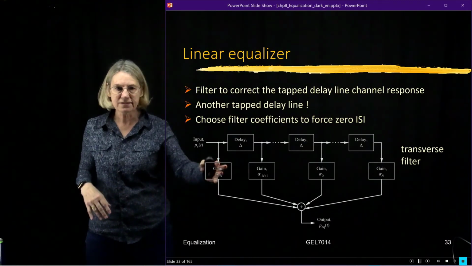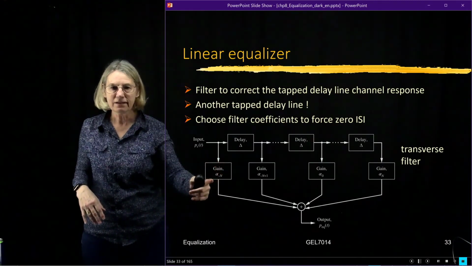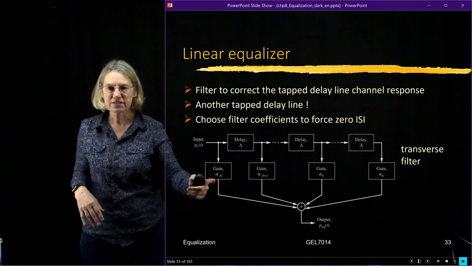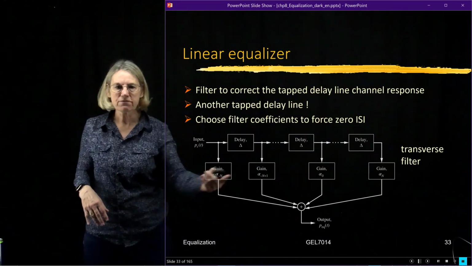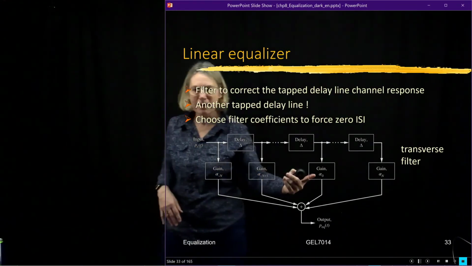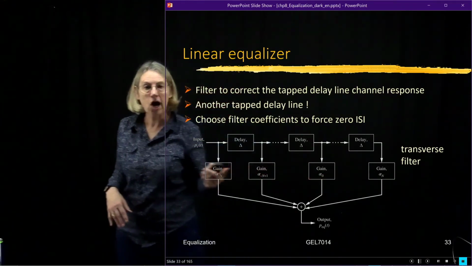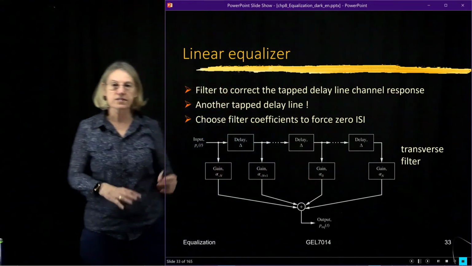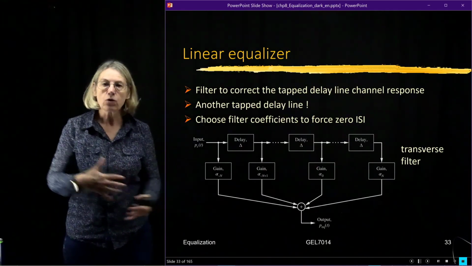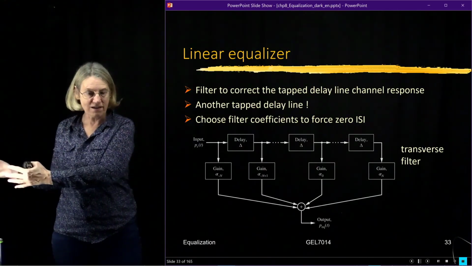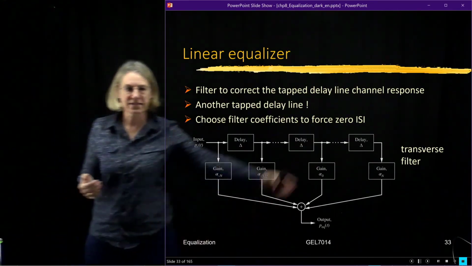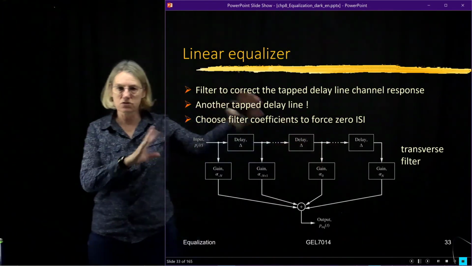So again I have coefficients of my filter, only now it's the filter at the receiver, and my task is to find what these generally complex coefficients are in order to undo what is done by the channel. We call this structure of filter a transverse filter.